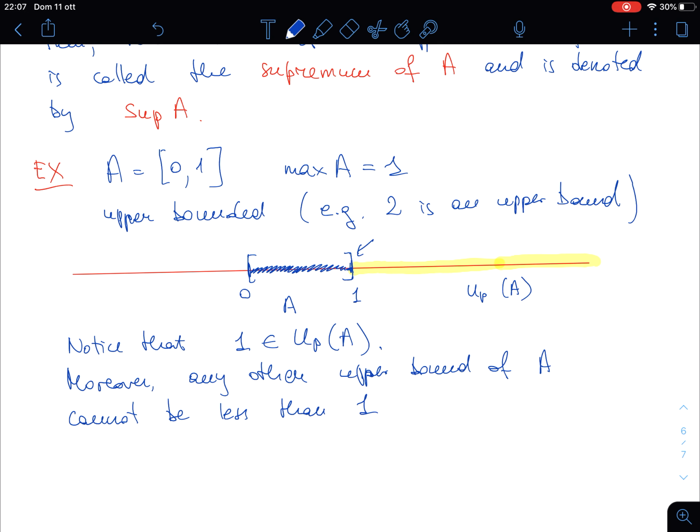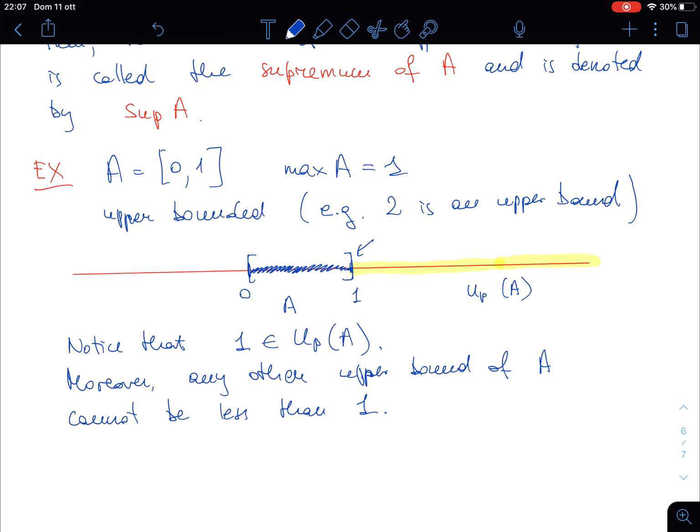Because otherwise 1 is larger than that mysterious upper bound of A, and since one element of A is larger than it, it cannot be the upper bound. A very simple way of reasoning. Okay, nothing special.